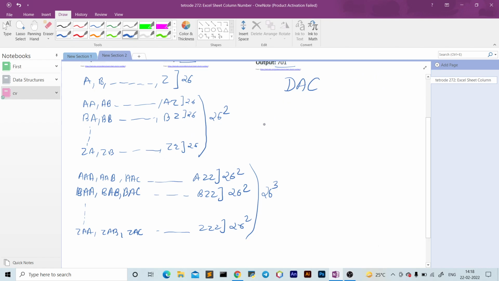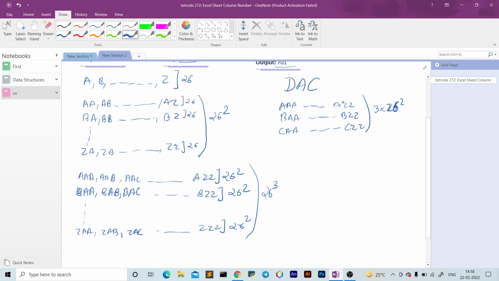In this level there are AAA till AZZ, BAA till BZZ, CAA till CZZ. So these are the possibilities that we know are before this DAC.